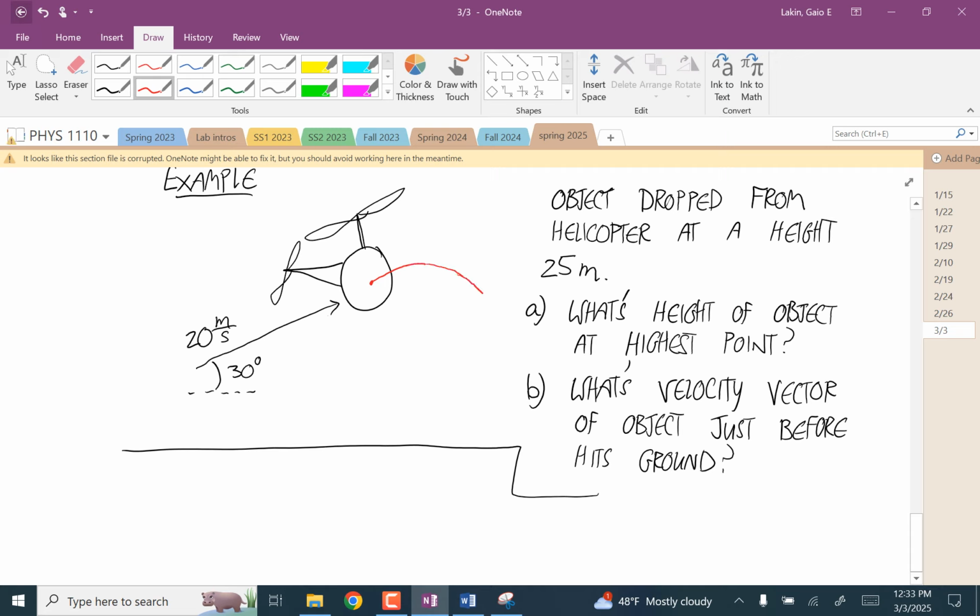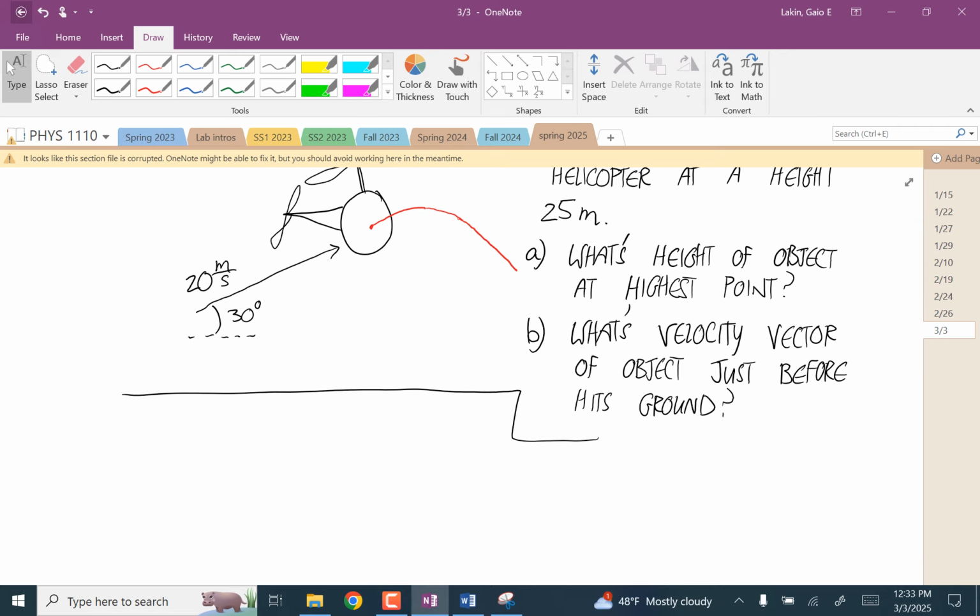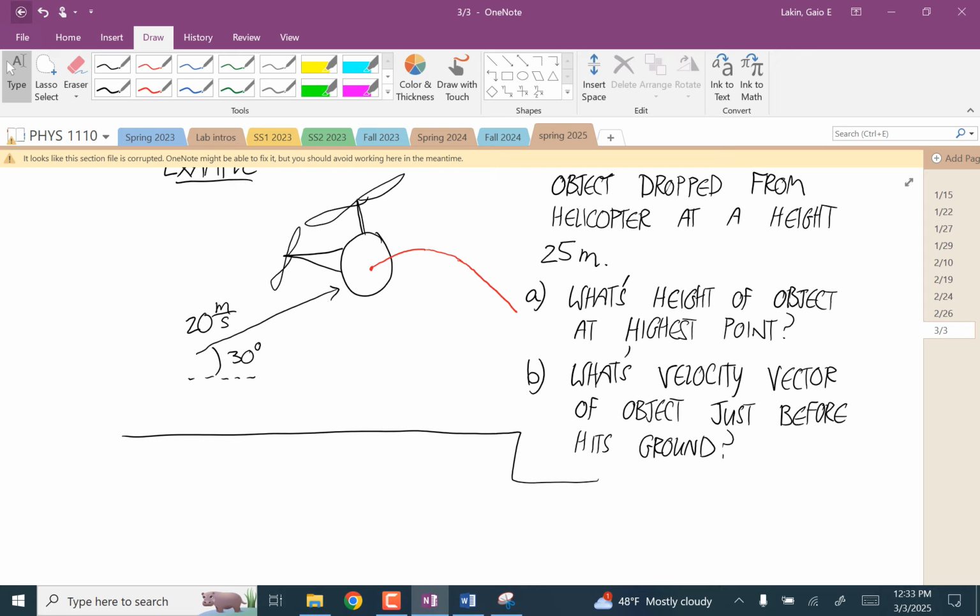And it's going to go up some amount at least before it starts coming back down. Okay, so for part A, I'm going to choose the coordinate system origin to be on the ground right beneath where it's dropped from, which is what I always do.